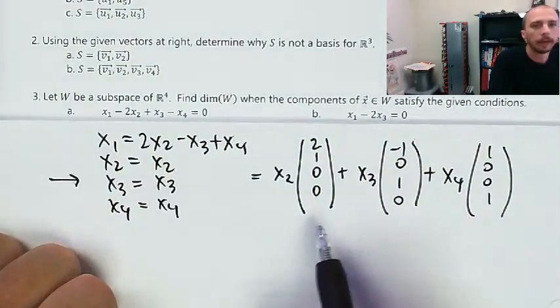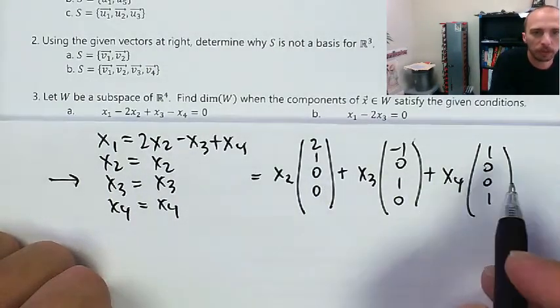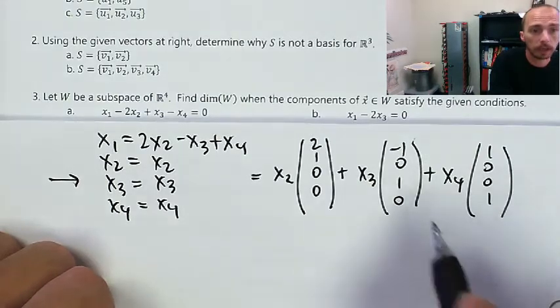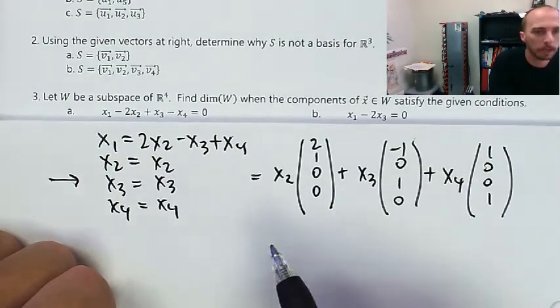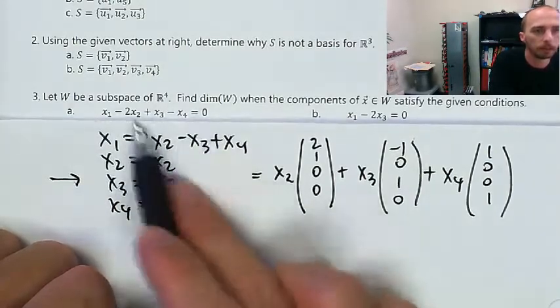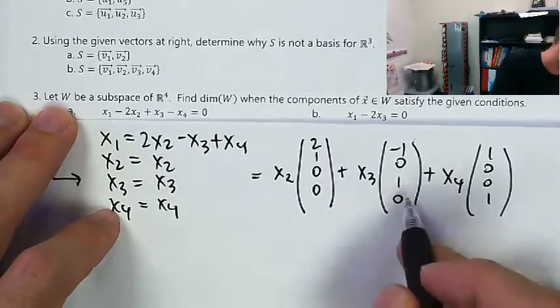That means this whole space can be expressed as the span of these 3 vectors, which are linearly independent, meaning these three vectors form a basis for the space W that fits this constraint, meaning the dimension of W is 3.